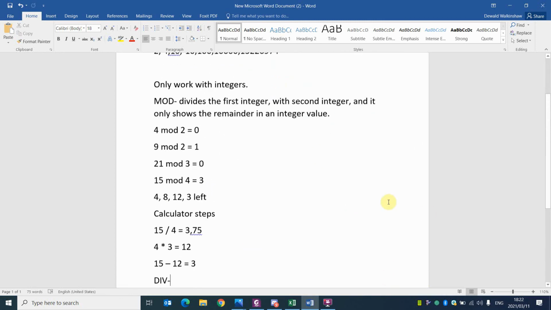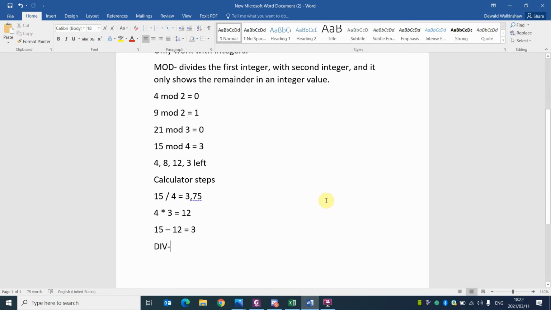Okay, the next part we have is div. If you think of those 3 words, you can kind of see it would complete the word divide. So div basically means just divide.